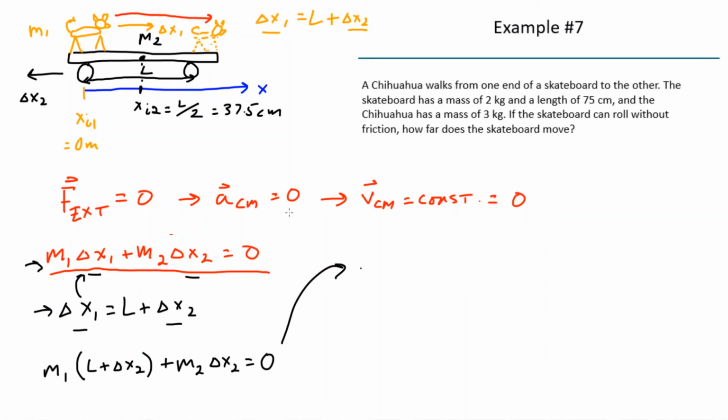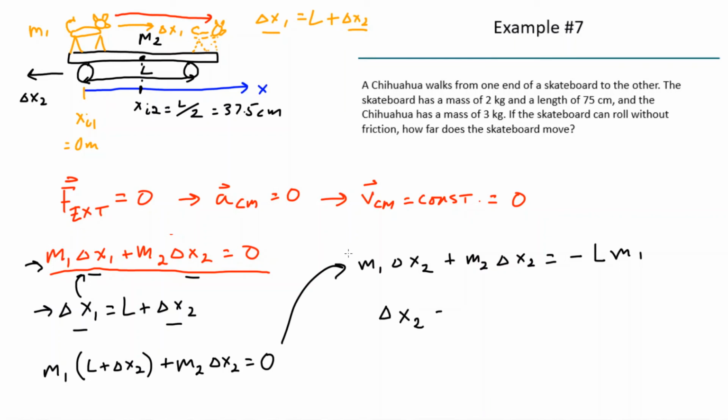Okay, so now I can go ahead and solve for delta x2. I can write this as m1 delta x2 plus m2 delta x2 equals, and I'm going to pull that L times m1 over here, so minus L times m1. I can factor my delta x2 out and divide both sides by m1 plus m2.